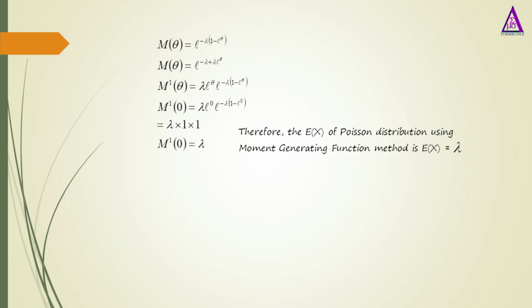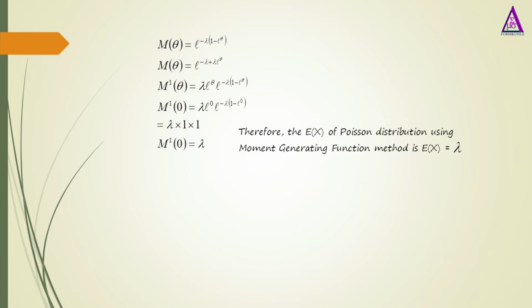And to make it easy, we open the bracket and we have exponential raised to power negative lambda plus lambda exponential raised to power theta. So therefore we differentiate this one and we obtain lambda exponential raised to power theta, exponential raised to power negative lambda into the bracket 1 minus exponential raised to power theta back.